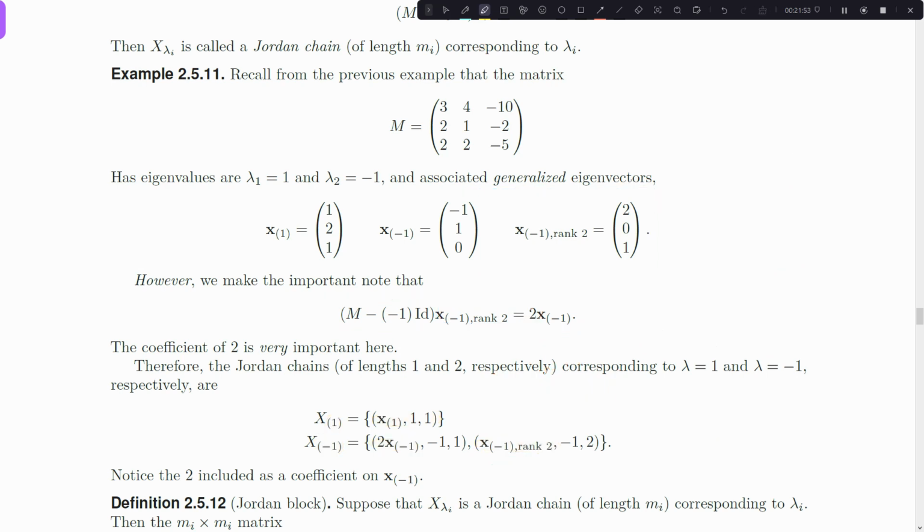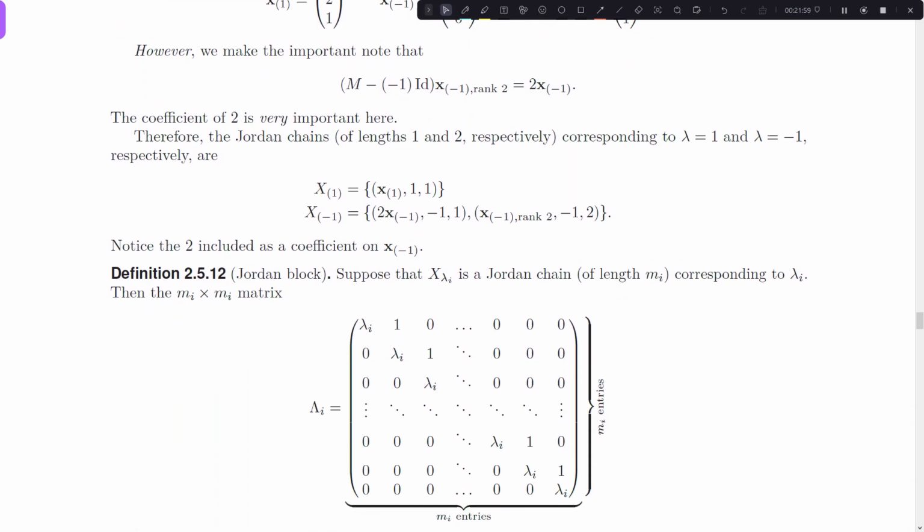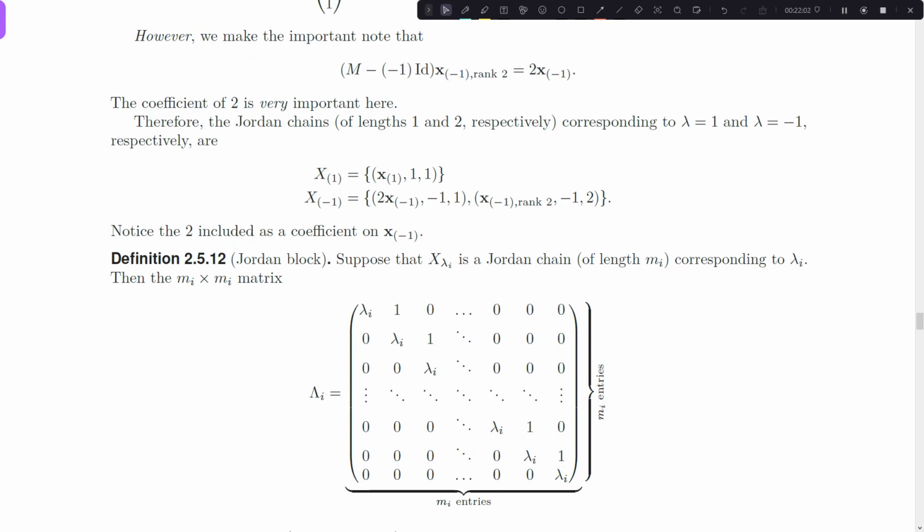All right, let's move on from there and define this next piece called a Jordan block. So a Jordan block is a very specific matrix associated to a Jordan chain. And more or less, what's going on is that we have a Jordan chain associated to lambda_i, right?